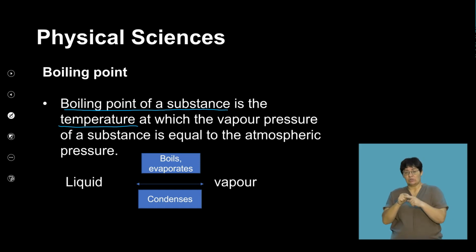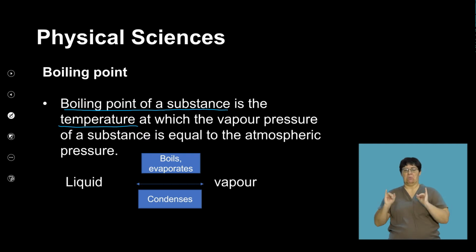Now, boiling involves the change from liquid to gas, okay? Now, if we heat a liquid, what happens? It turns into a gas, or it vaporizes. If it boils or evaporates, it simply means that the forces between the particles of that substance become weaker.